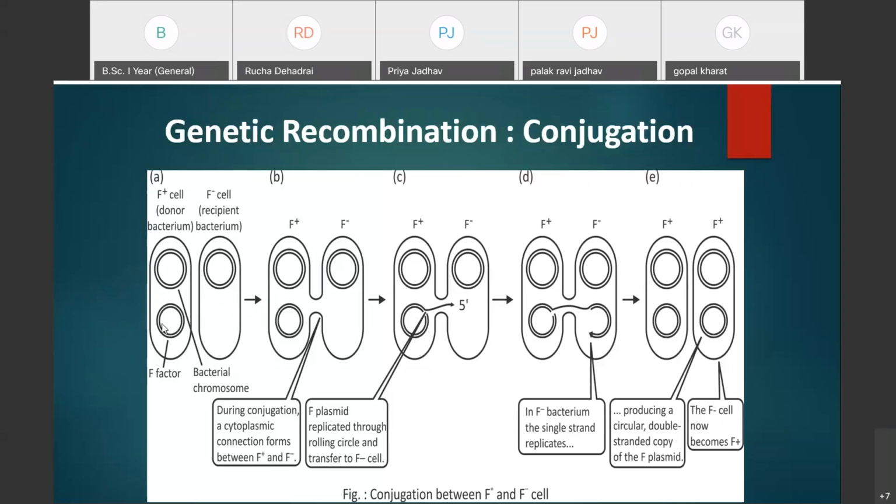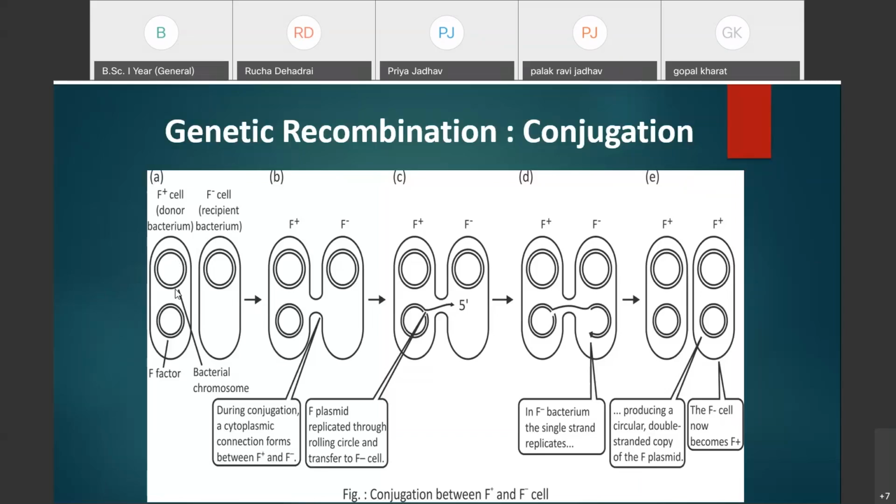After receiving this plasmid, this recipient cell will get converted into the donor cell. Here you can see, ultimately this cell again comes in contact with another cell to which this plasmid is donated.